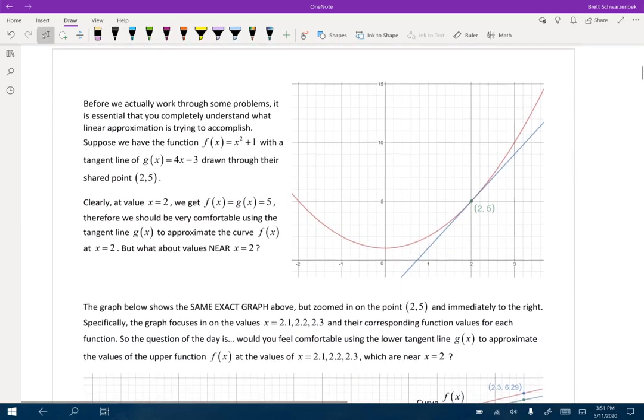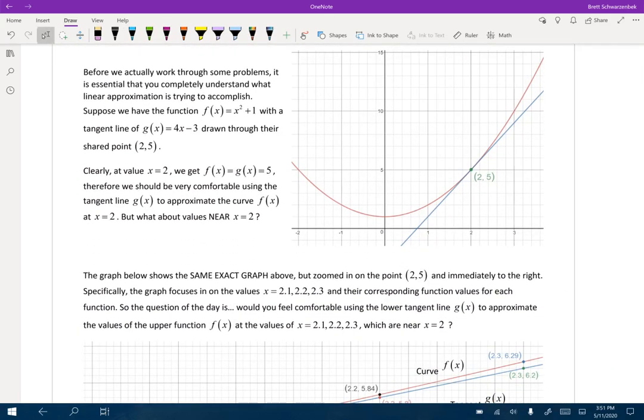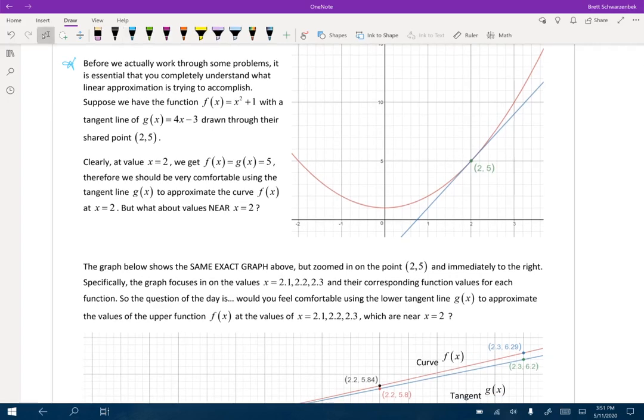Okay, it says before we actually work through some problems, it's essential that you completely understand linear approximation and what it's trying to do. So let's say right now we have a curve right here, which is f of x equals x squared plus 1. And let's say we have a tangent line, which is g of x equals 4x minus 3.